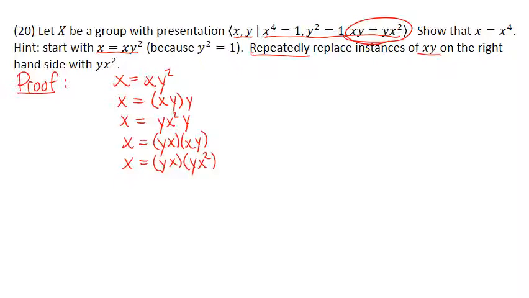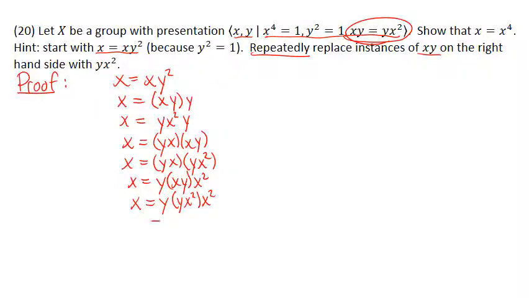Still not x to the fourth yet, so let me keep going. I can write this as y times xy, just moving the parentheses because the operation is associative. So I can replace xy again with yx squared. So this is y times yx squared times x squared.